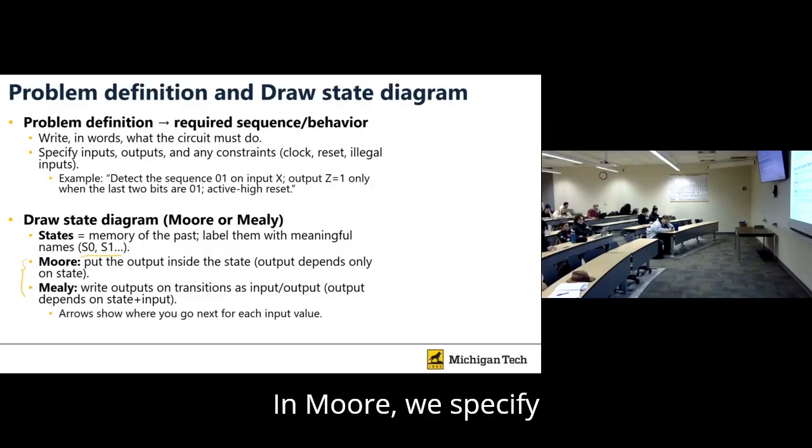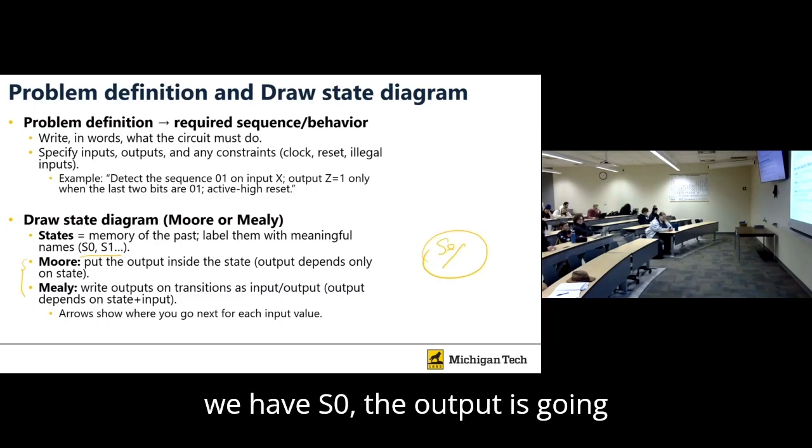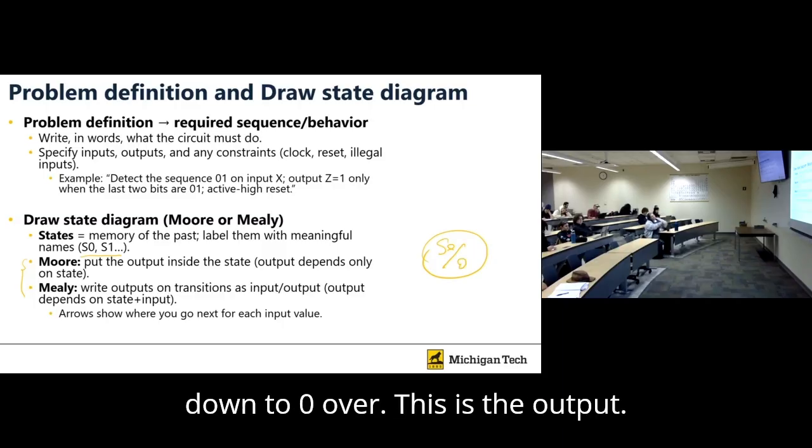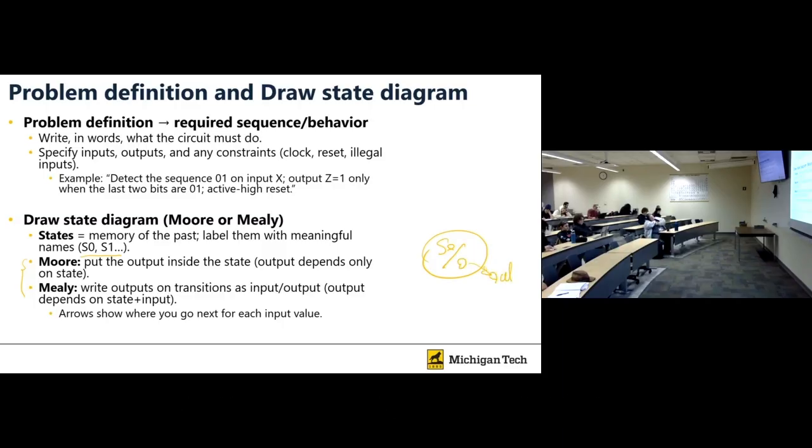In Moore, we specify output inside the states. Like we have S0, the output is, for example, 0, 1. This is the output. And in Mealy, we have it in the transition.